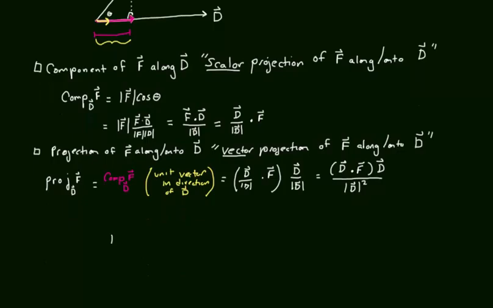So the projection of f onto d is equal to vector d dot vector f times vector d all over magnitude squared. So this operation here is just multiplication, because the d dot f dot product will be a scalar, and then we apply that scalar through multiplication to the vector d.